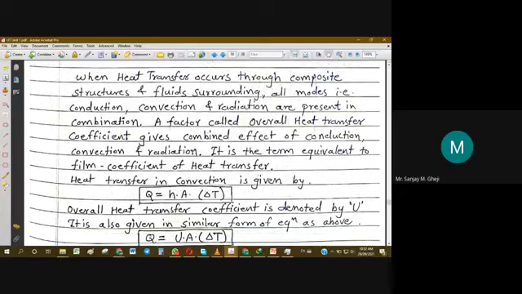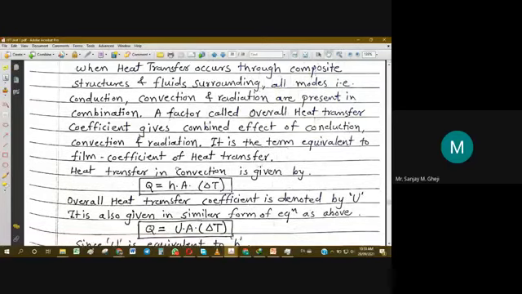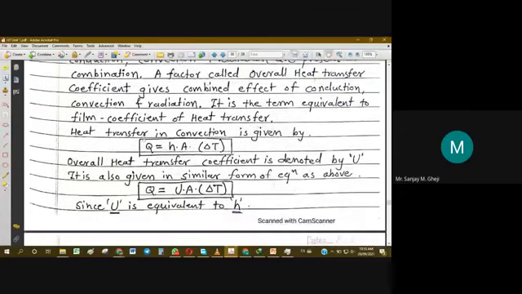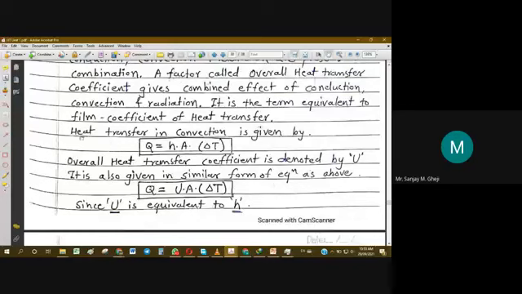But generally it is quite common in combined conduction and convection. Radiation very rarely will be used in this overall heat transfer coefficient. Sometimes it is also known as film coefficient. Now look at the equation.